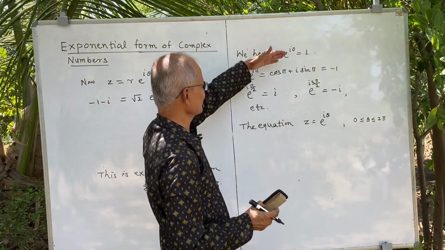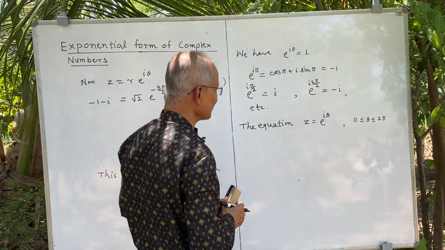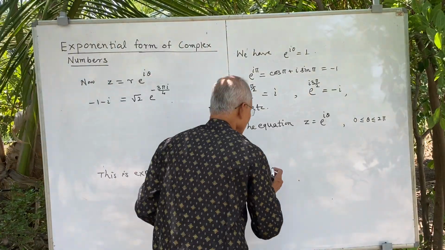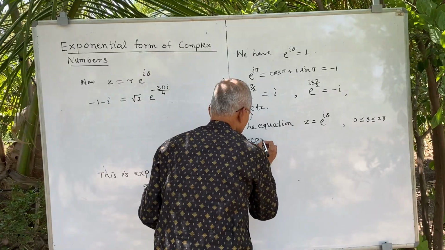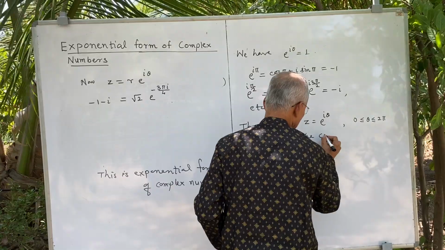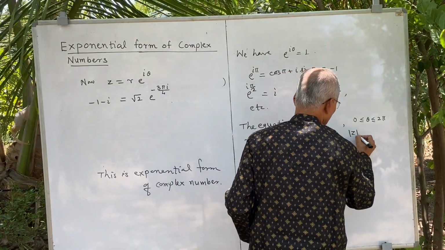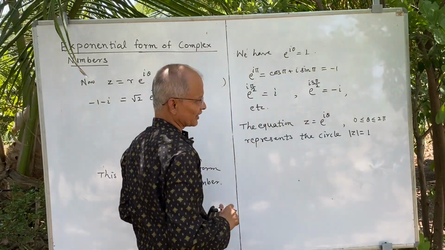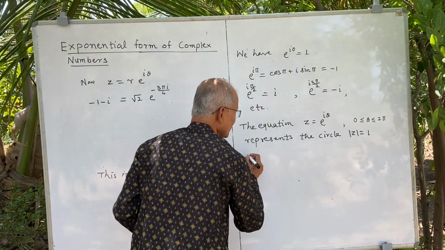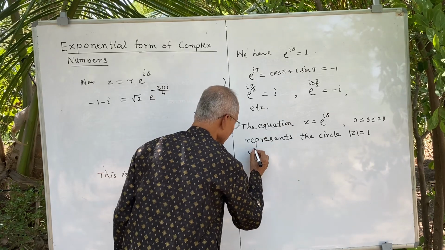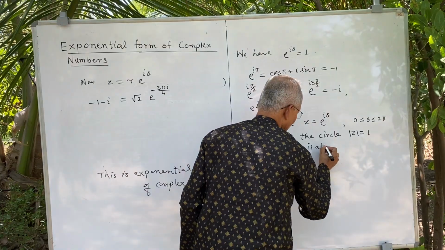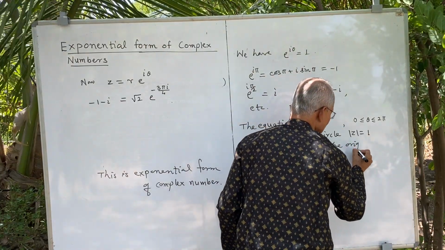By these expressions we can see it will represent a circle with center at origin and radius 1, or in the earlier expression, mod z is equal to r, so mod z is equal to 1. The circle whose center is at the origin and radius is 1.